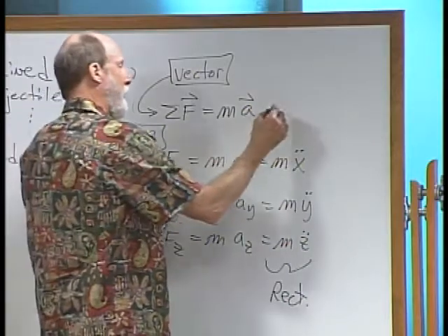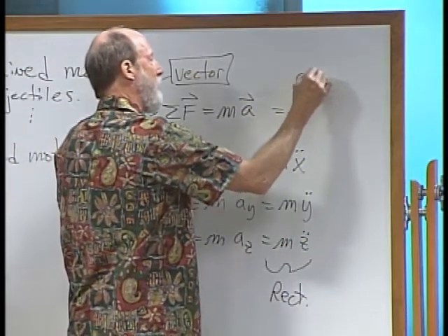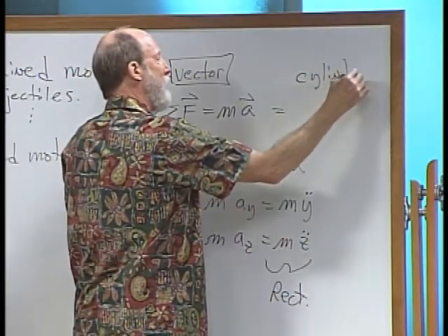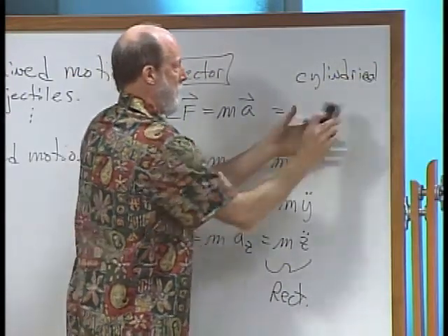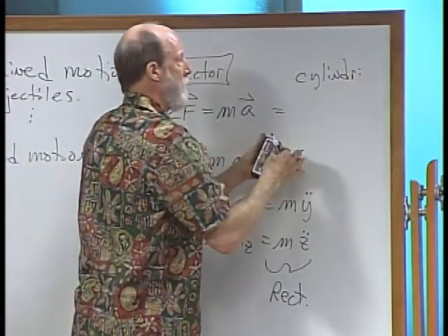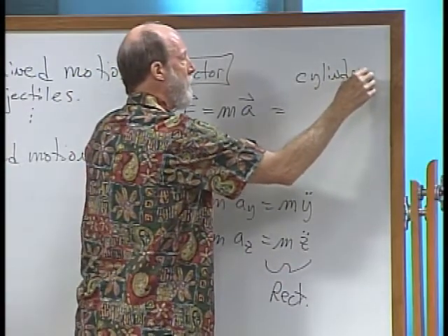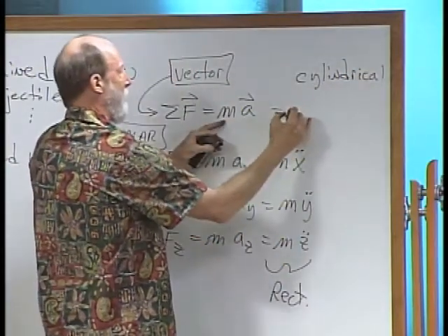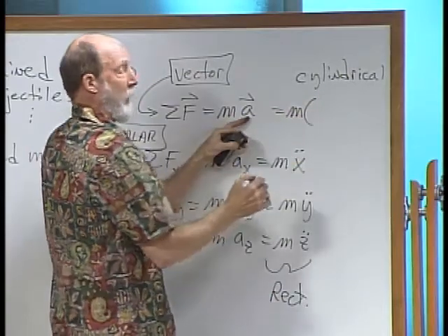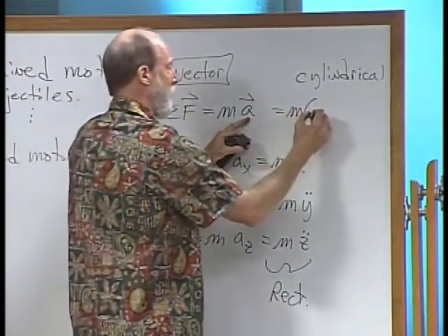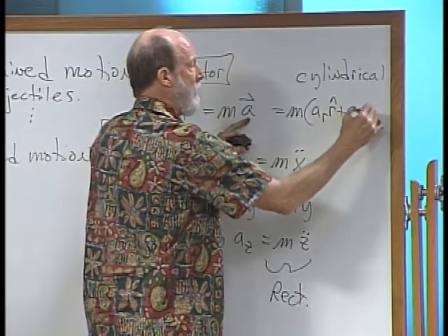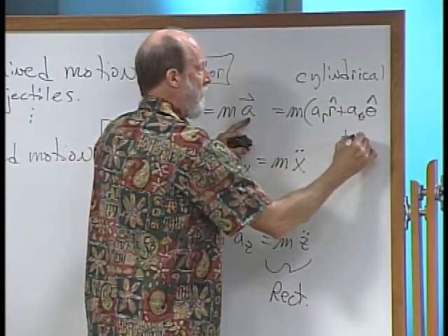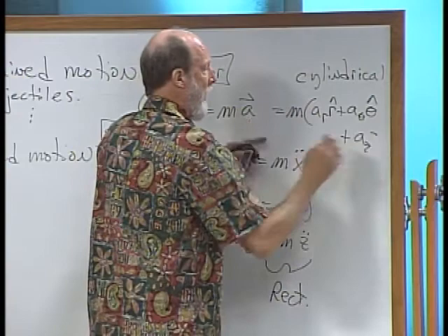If I come back up here to do the cylindrical, then I would have to have my mass times my vector described in cylindrical, which would have an a_r r hat plus an a_theta theta hat plus an a_z k hat.